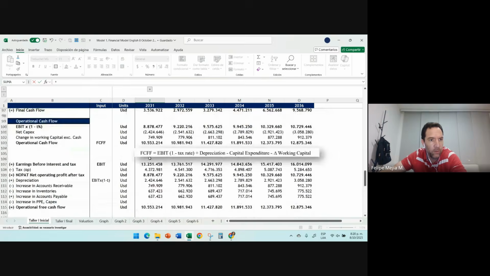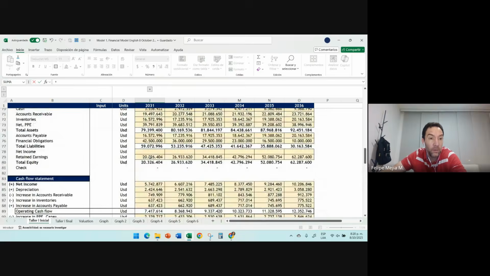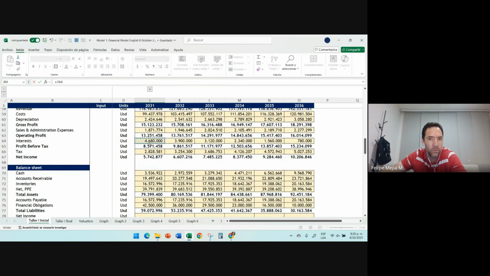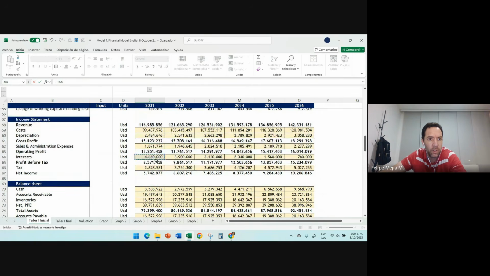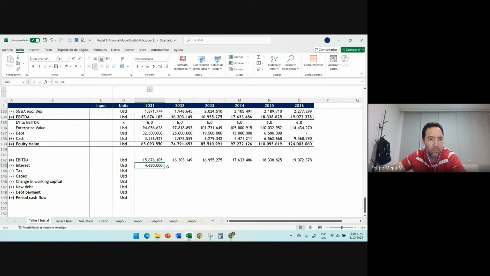For instance, EBITDA goes to interest. That's right here. EBITDA goes to tax, and EBITDA goes to CapEx. EBITDA goes to change in working capital, and if I'm lucky enough, this will match our ending cash flow, our change in cash flow would be the appropriate name.